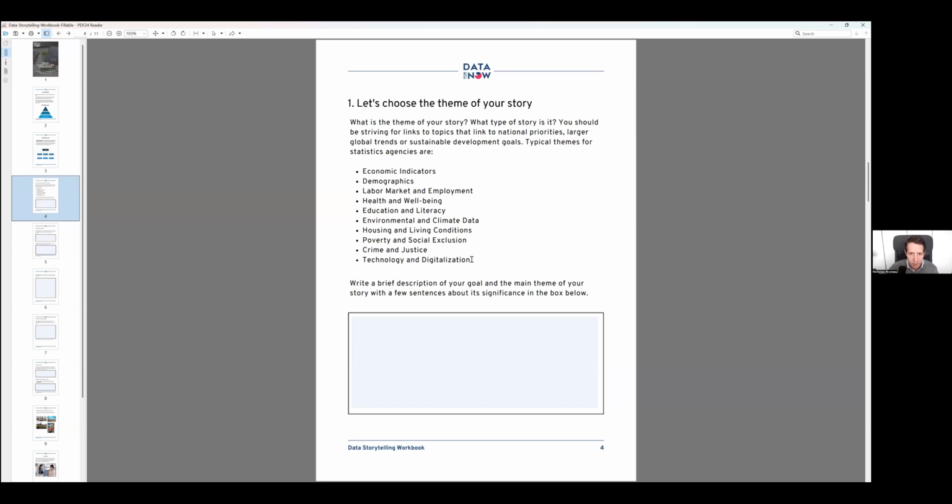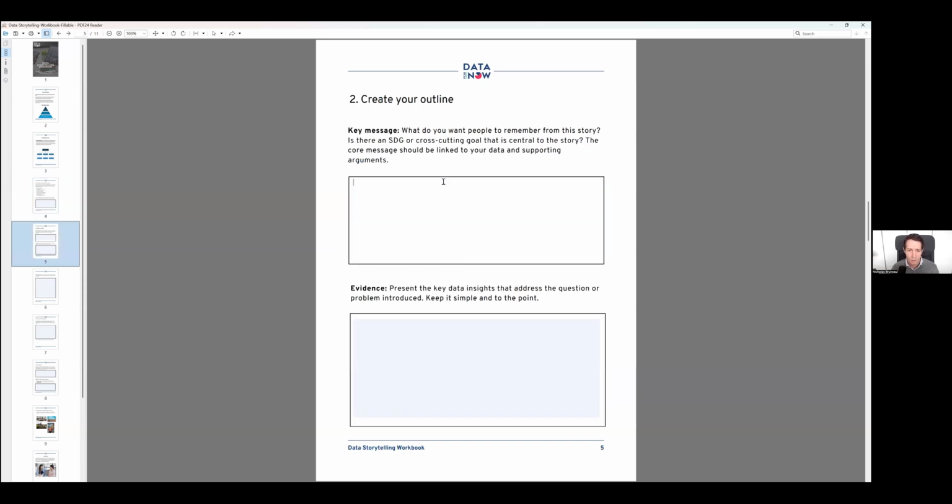So once you have that theme and the main area, then you can determine and define what your key message is.